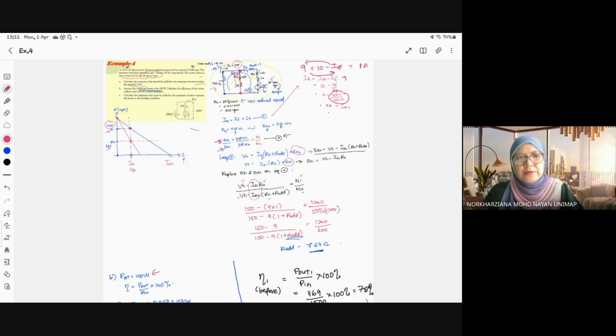You upload situ. Okay, ada nama di situ and ada matrix number kan? Okay, ada nama.